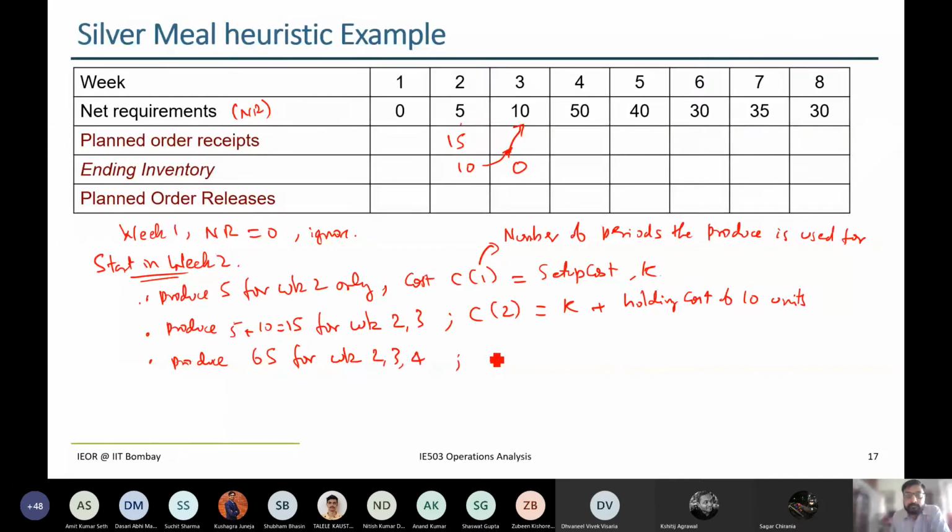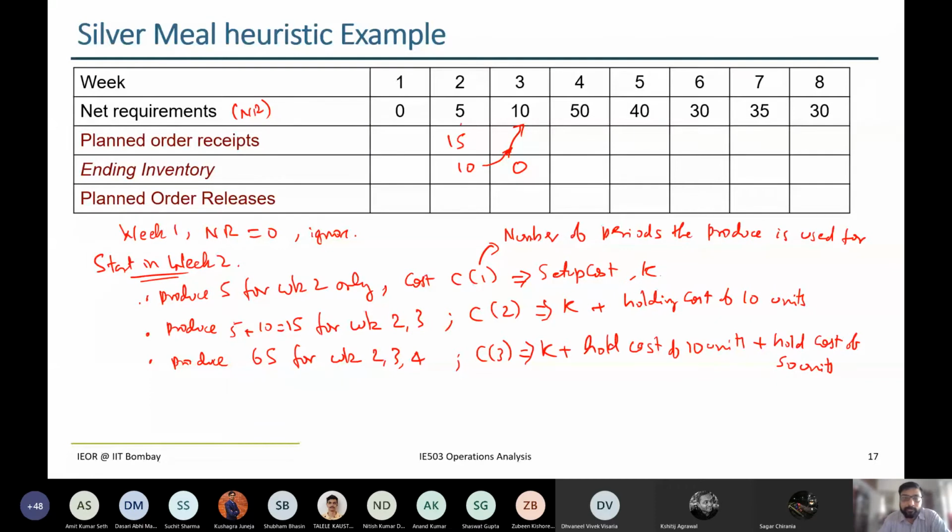In that case, my C of 3 will be K plus the hold cost of these 10 units plus the hold cost of 50 units. It's not equal to, it is more like C of 3 is defined by these things. So that's pretty much what the expression defines.